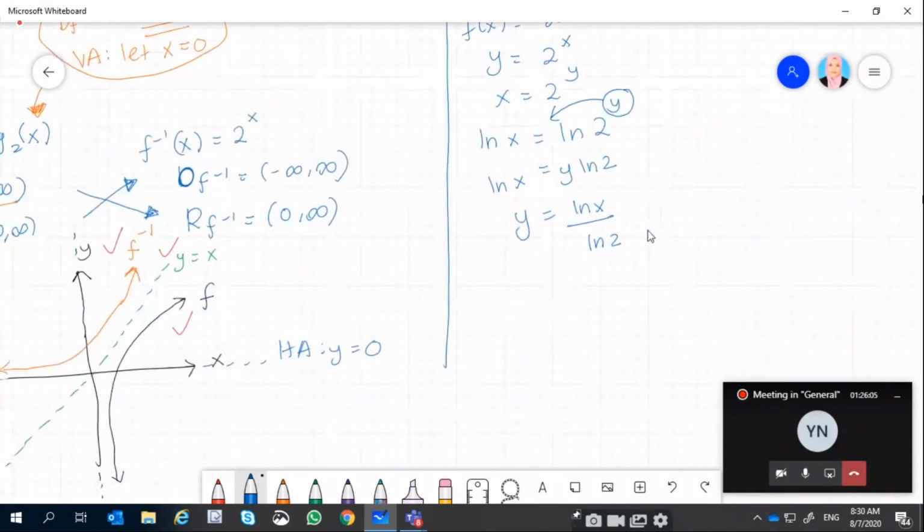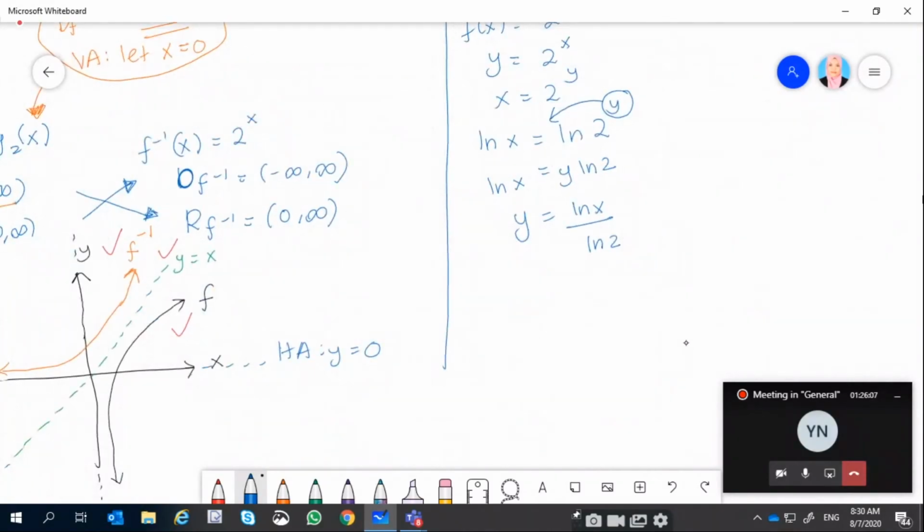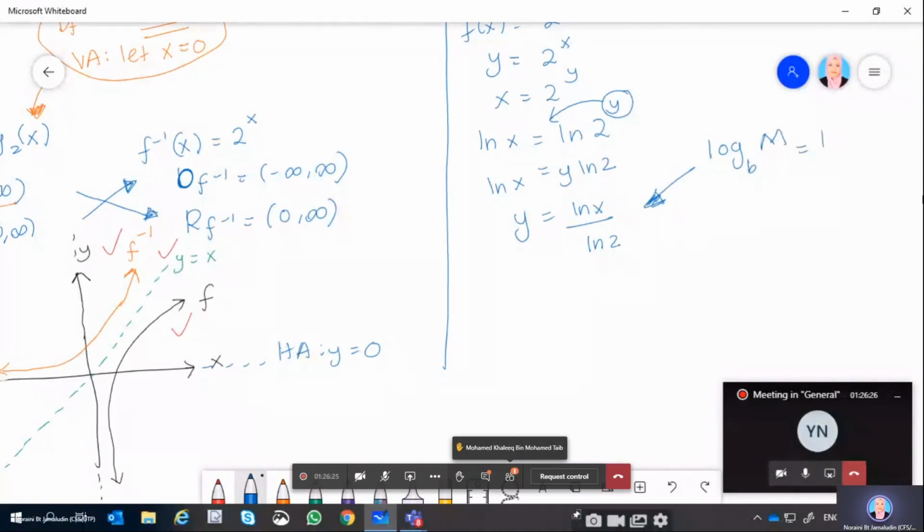Or you can also write it by using the log law: log m base b is equivalent to log m over log b.